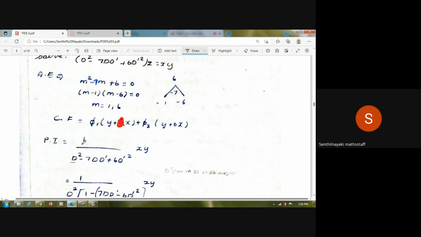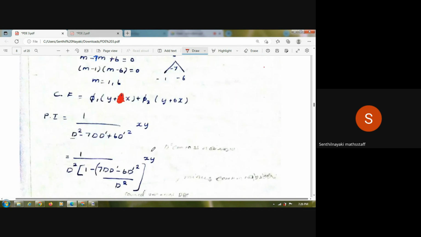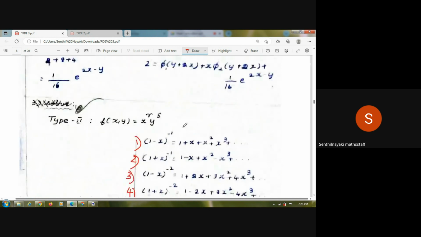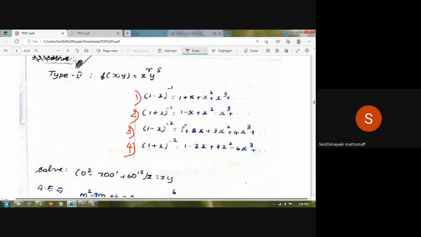For finding PI: 1 by d square minus 7d d dash plus 6 d dash square into xy. First we have to convert this denominator into either 1 plus or 1 minus form. Already I have said we have to use any one of these formulas.